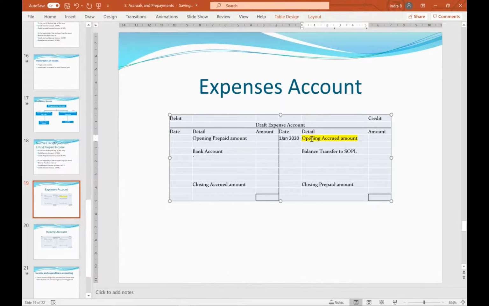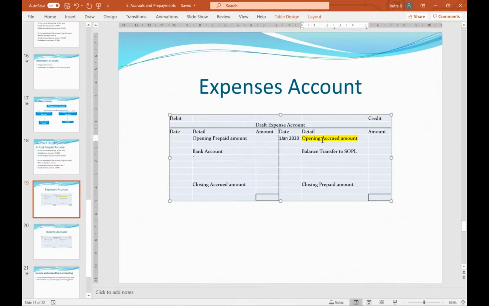If it is electricity, we'll say electricity expense account, and in that we will have either an accrued amount or a prepaid amount. In the exam, you will be given either this figure or this figure. In this draft, I have put both figures. Sometimes they will just say opening balance on the credit side, so we will know that this is the opening accrued amount.